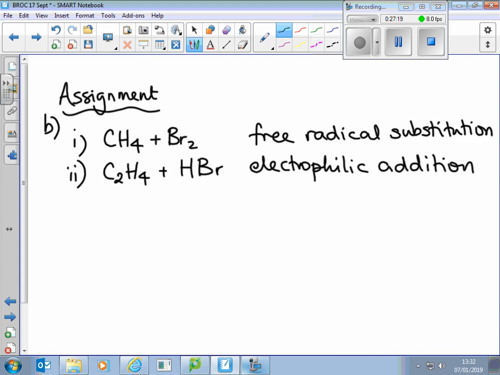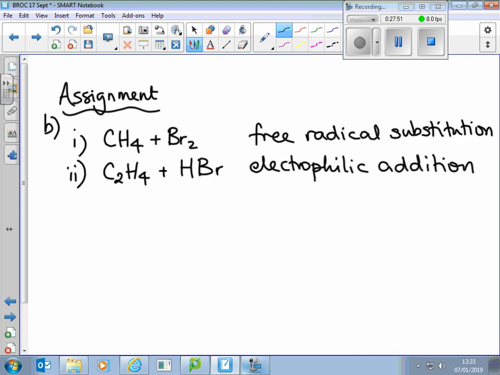It says, explain in detail using curly arrow diagrams to illustrate electron movements, the mechanisms involved in the reactions between. You will find on ChemGuide the one I'm going to go through, methane and chlorine, but you will also find the bromine one. And I think you'll find the hydrogen bromide or chloride one on there as well. But there are lots of other sources, I should say, other websites are available.